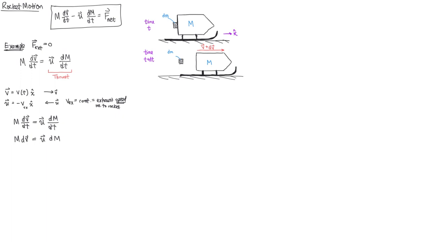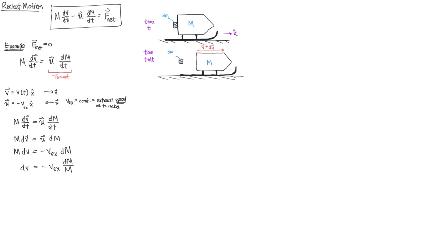But our dv vector is just this dv scalar, and our u vector is minus v exhaust. And so now this becomes a separable equation where we can separate the v as a function of t terms to the left and the mass terms on the right, like so.